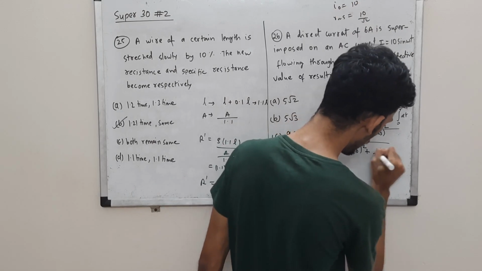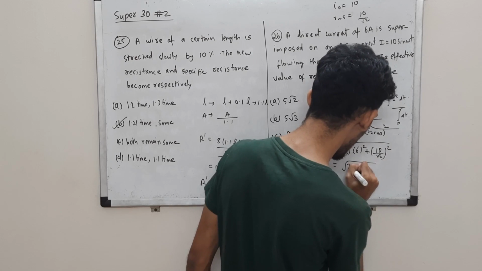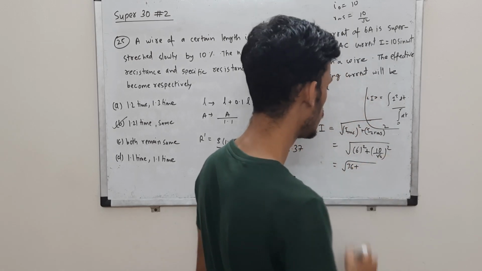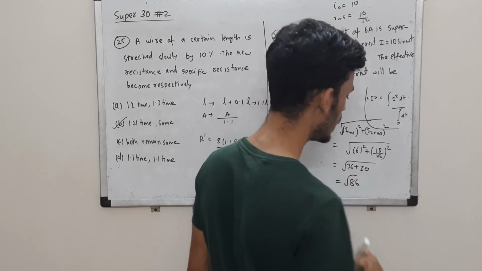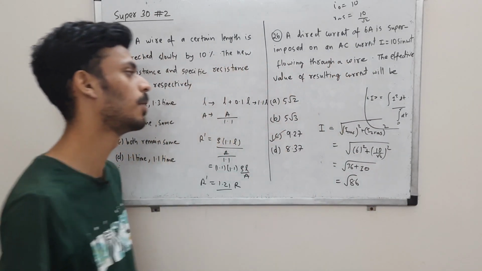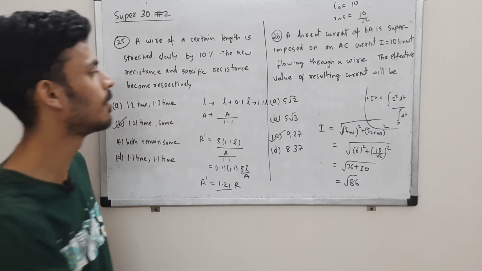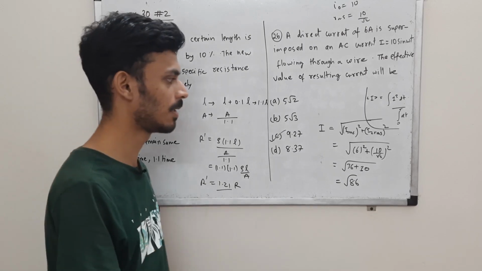So 10 by root 2 the whole square. We'll have 36 and we'll have 100 by 2, which is 50. So this is about 86. The square root of 86 is around 9.27. So 9.27 is the correct choice over here. You can do it also that way. Do check it out. But that's about this question.